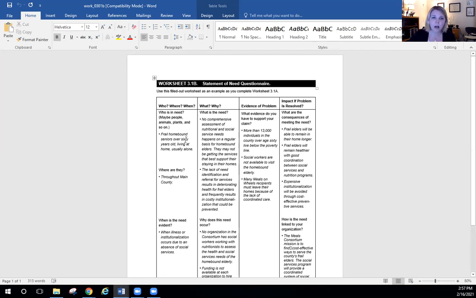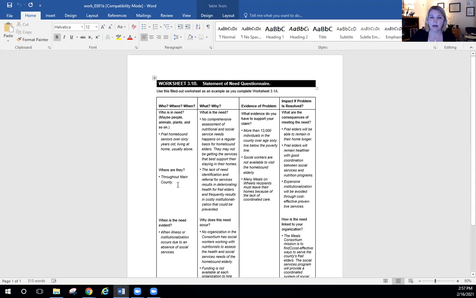So make sure you include who is the target population for your program. And it should all be people, since this is public and community health, although there are situations where you might be writing for animals and plants and things like that. So who the target population is, who's going to benefit from the program and funding, and then where they are.